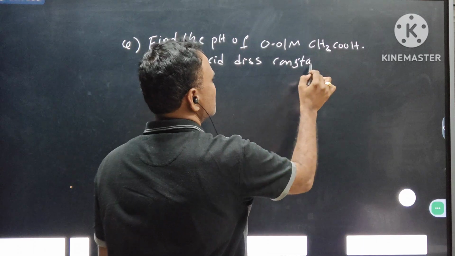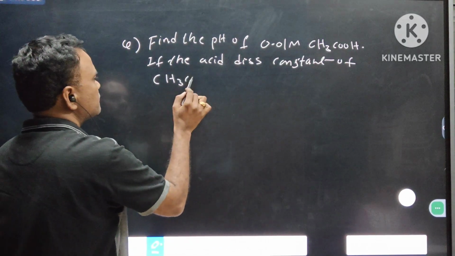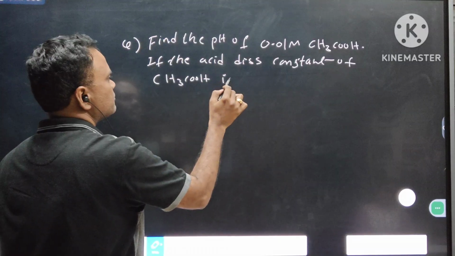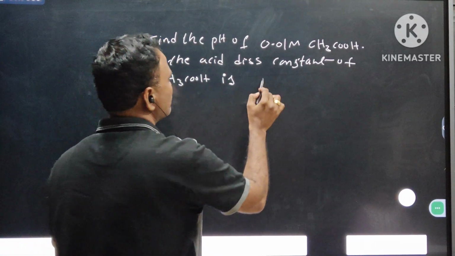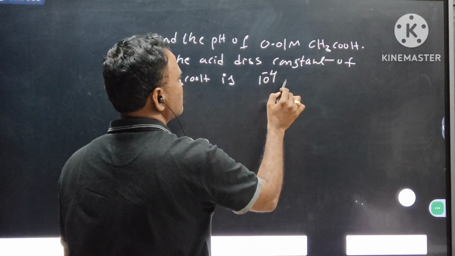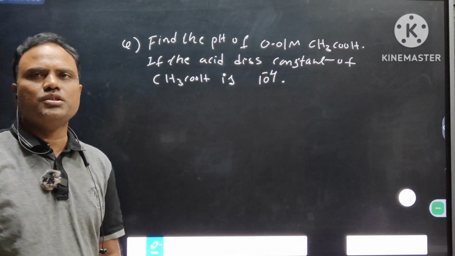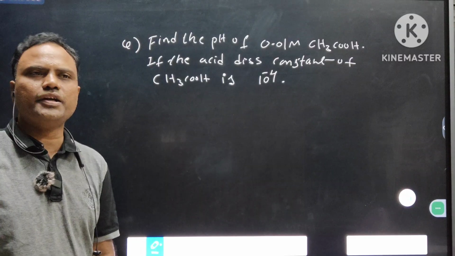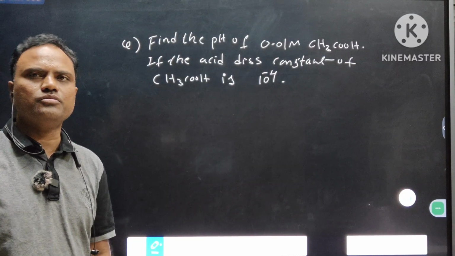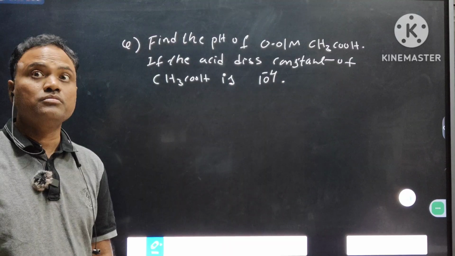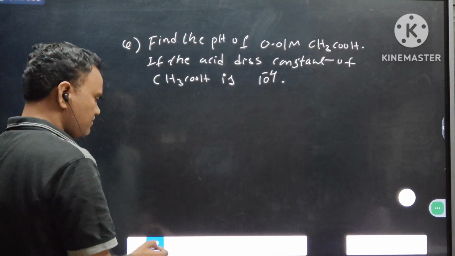The acid dissociation constant of acetic acid is 10 power minus 4. Acid dissociation constant means which data is given to you? Ka or pKa? Ka only is given, okay? First of all, write the data.